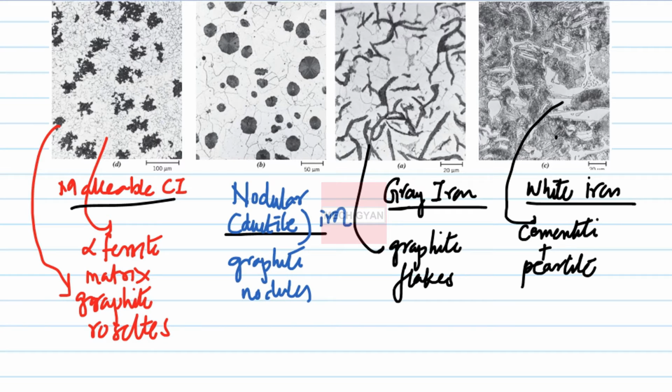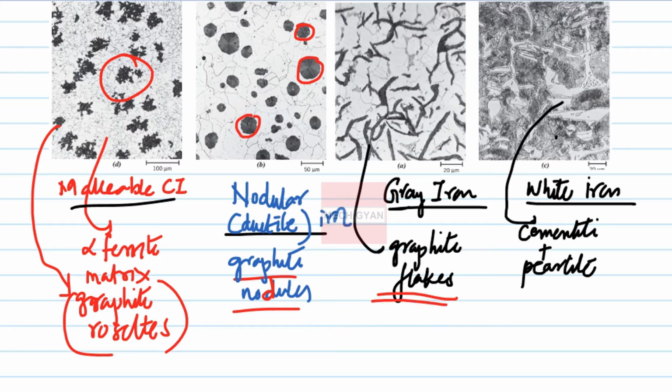So different types of iron are malleable cast iron, nodular cast iron, gray iron, white iron, etc. In malleable cast iron we have graphite rosettes. In nodular cast iron, dark color graphite nodules are seen. In gray iron, graphites are in the form of flakes.